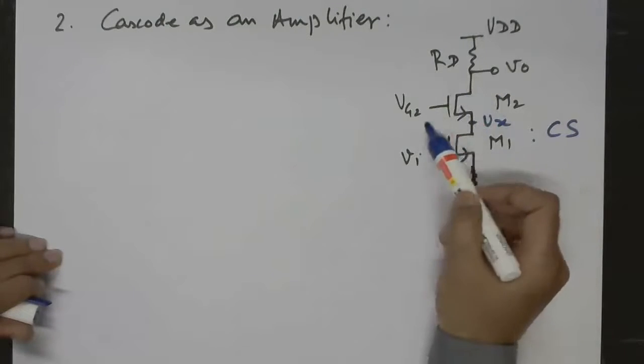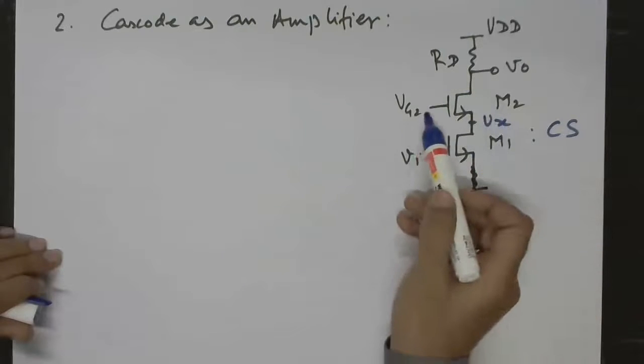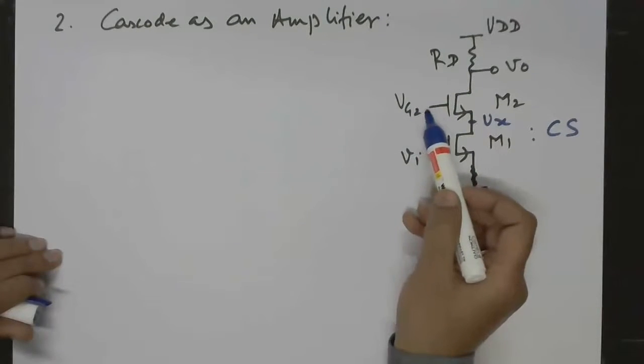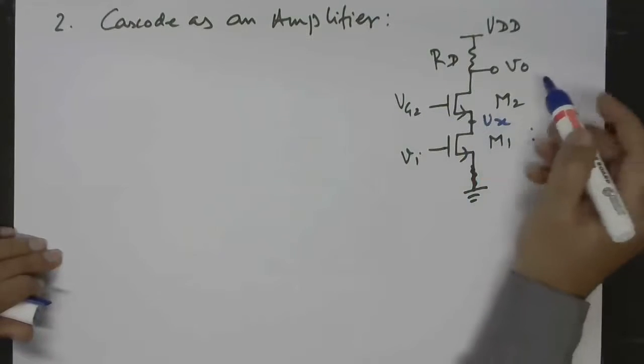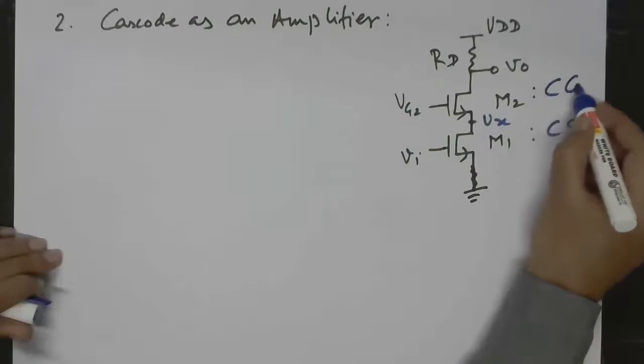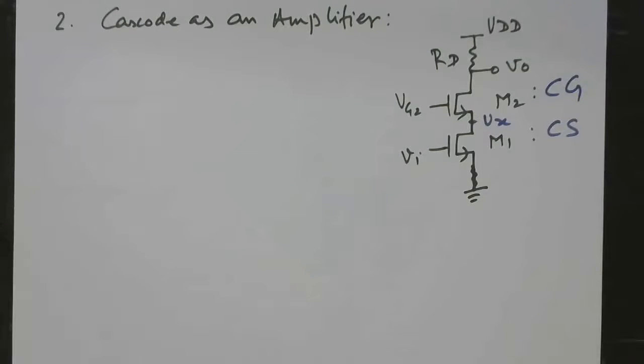So in this configuration of the second MOS, you can see that gate is not being used. So that means gate is common. So the second MOS acts like a common gate amplifier.